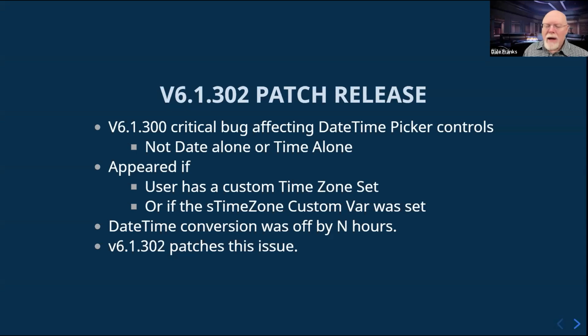So it's fixed. We move beyond that. We've got it replaced. I think maybe there were just a couple of customers that had .300 and it was all on their development servers. So we found it and fixed it well before it could make it into production for anyone.